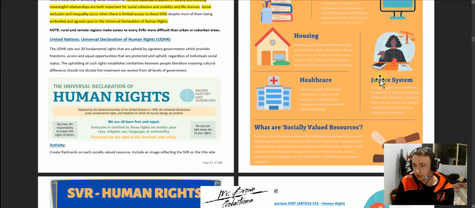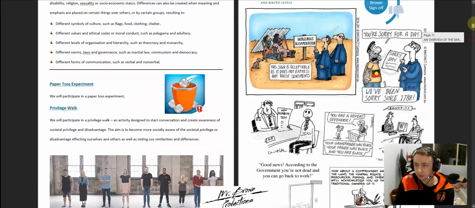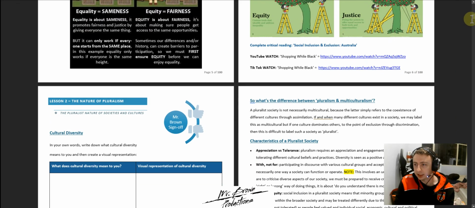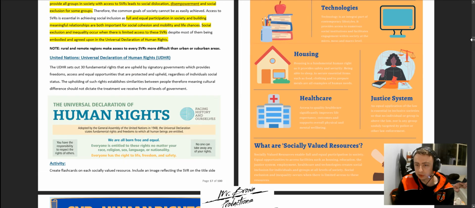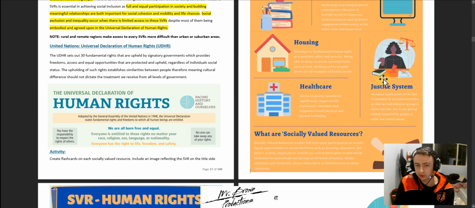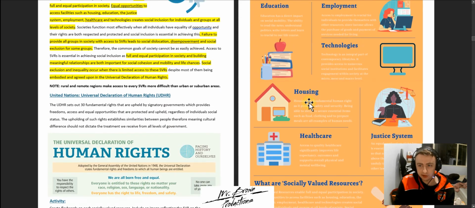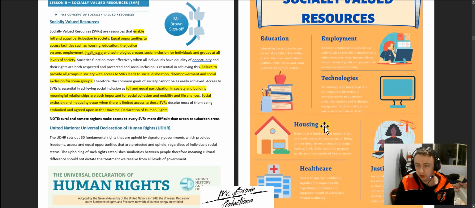I mean, the word in itself, justice, when we looked at this early on, justice is fixing the system to give everyone equal access. And so it's hugely important for a socially valued resource. So yeah, that's sort of your quick pro quo page.